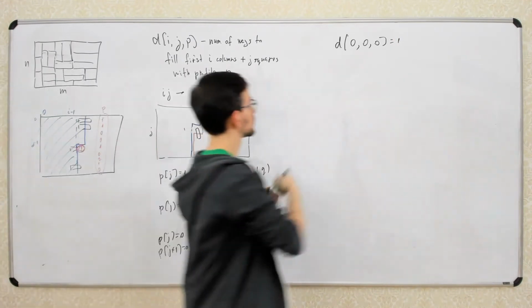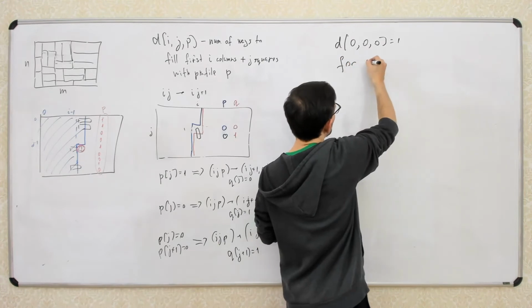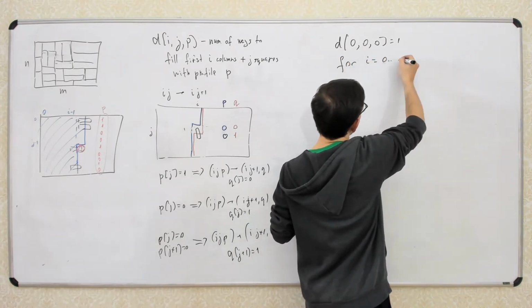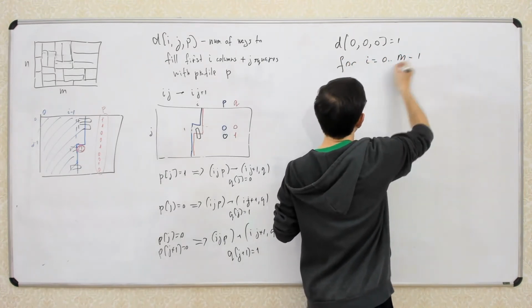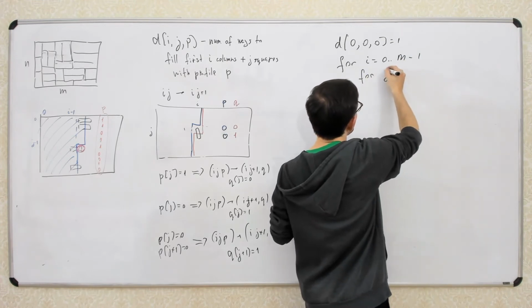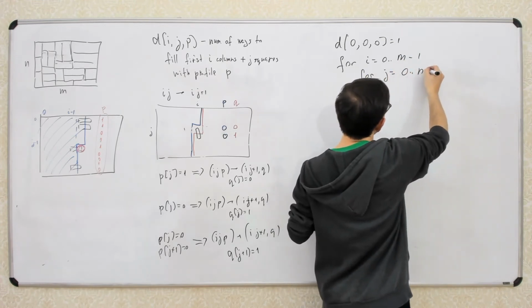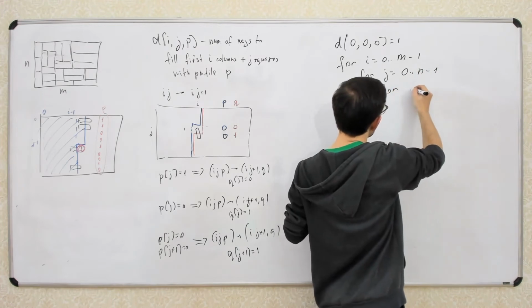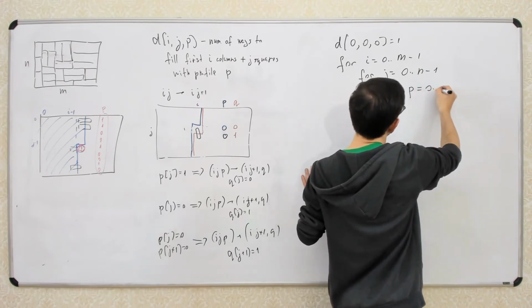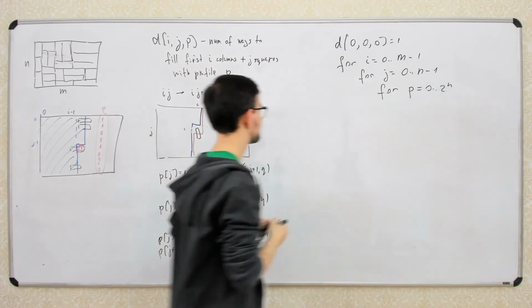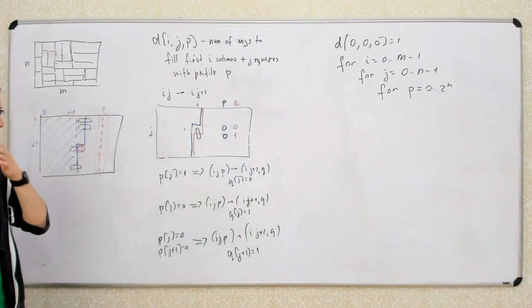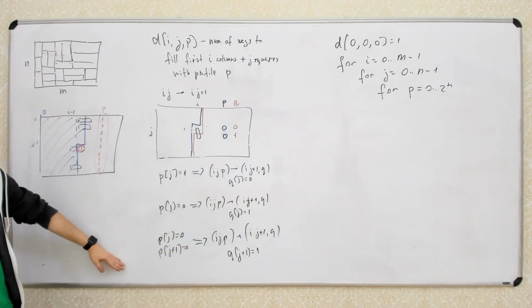So we iterate all possible states for i from 0 to m minus 1, for j from 0 to n minus 1, for all the profiles. And make these transitions. Let's go.